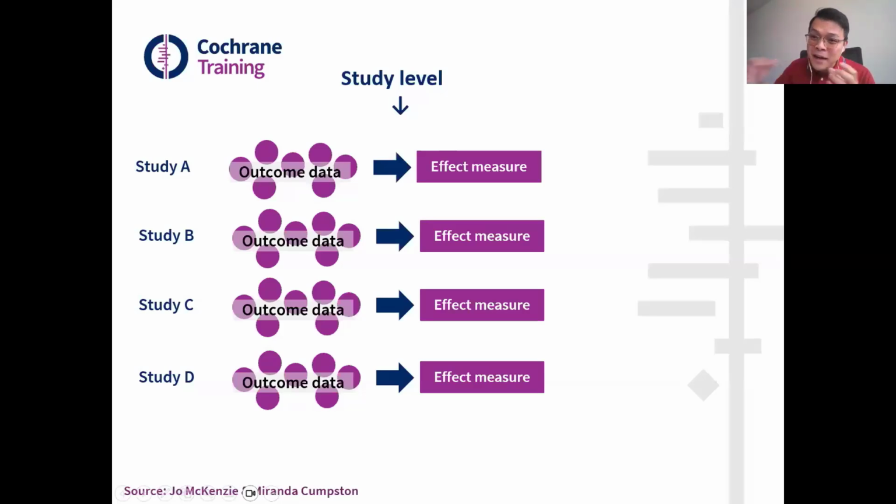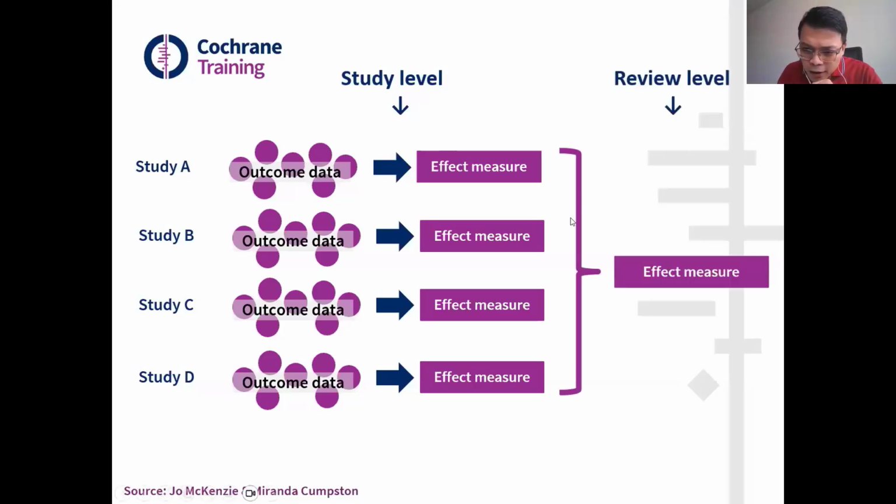It allows us to combine them, leading to an overall pooled effect measure. And this part here, the pooling of effect measure in a meta-analysis, that will be covered in the introduction to meta-analysis section, which I believe will be in July. But for today, our focus is on understanding the different effect measures at the study level effects.